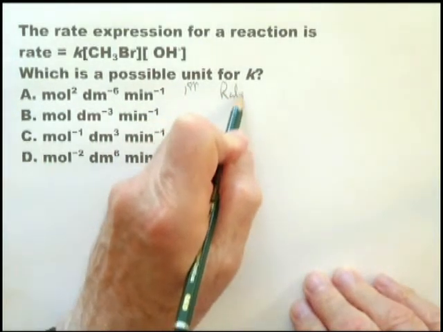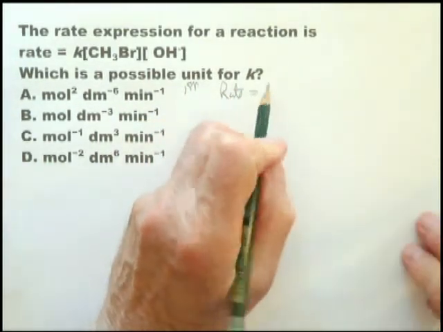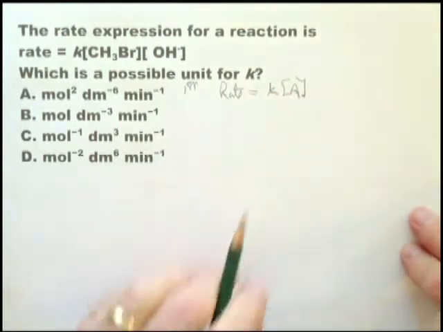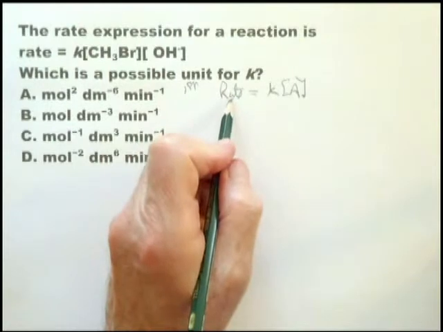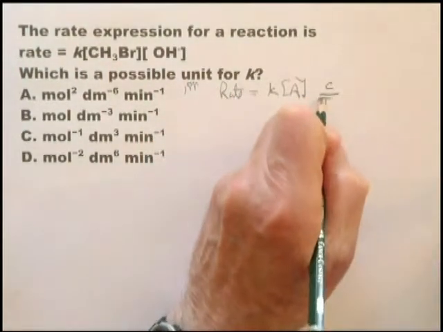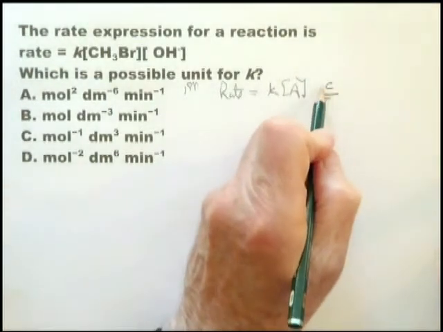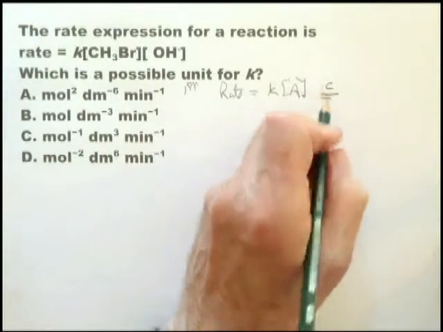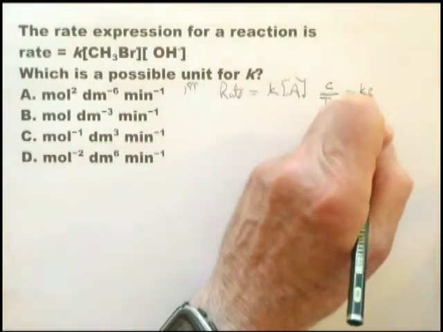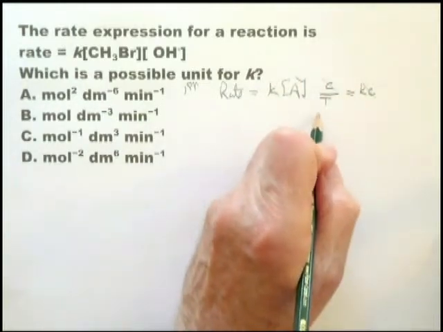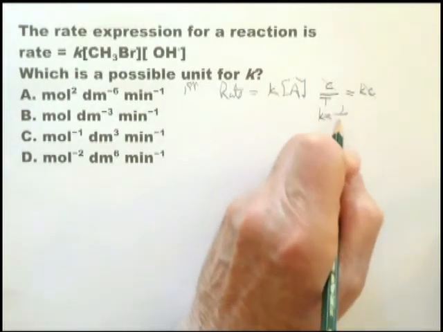The rate equals k times the concentration of, let's say, A. Now, rate is a change in concentration with time, so it's C over T. For the moment I'm using C for concentration and T for time just to simplify matters, and that equals kc. As you can see, the C's disappear and k equals 1 over T.